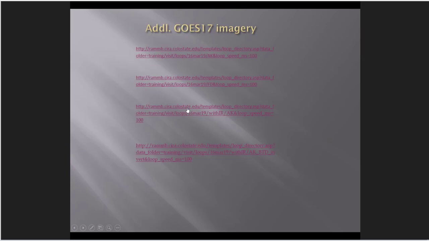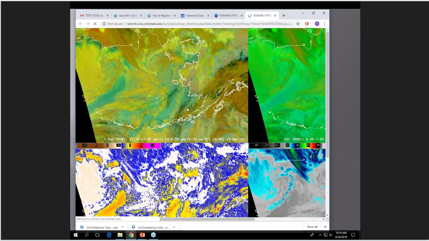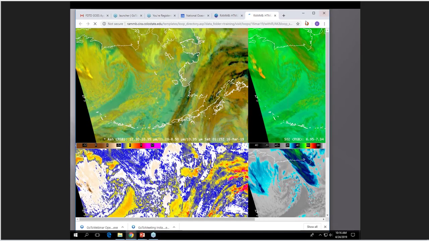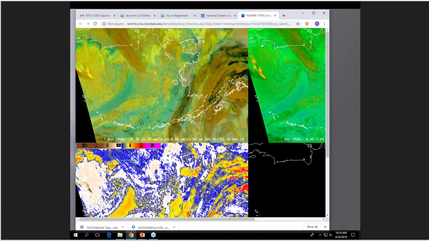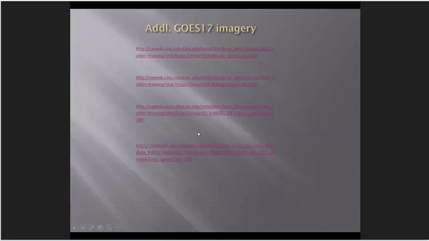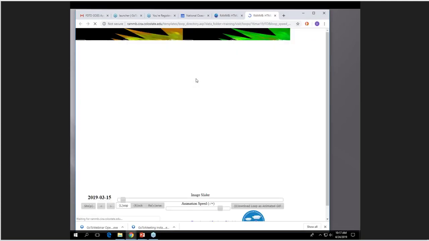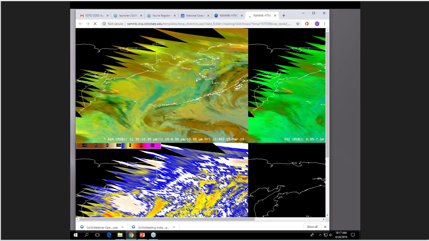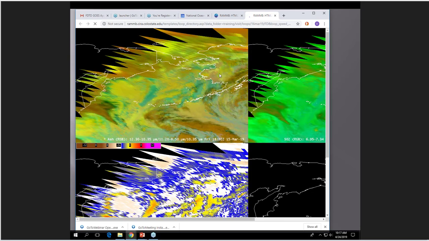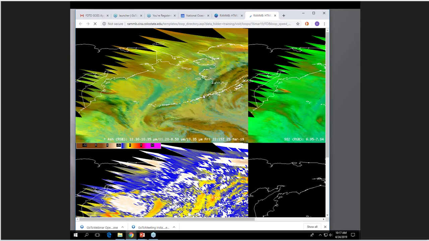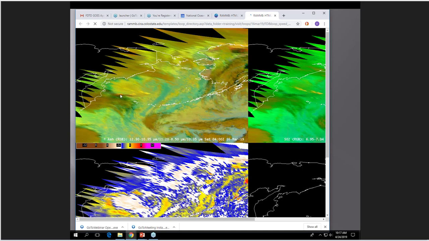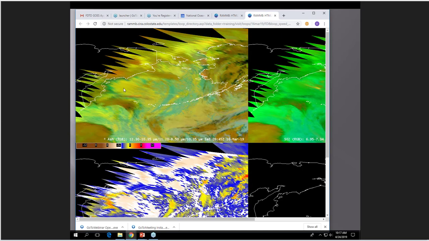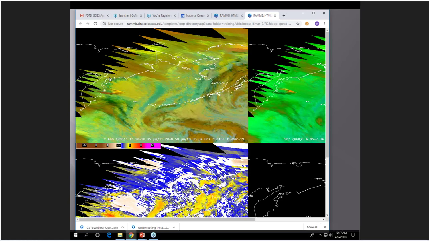I believe this shows the same imagery. Okay, that's the view a little bit to the west of where we saw it earlier. So this is the edge of the GOES15 viewing area out here.